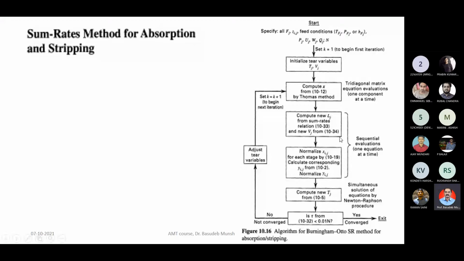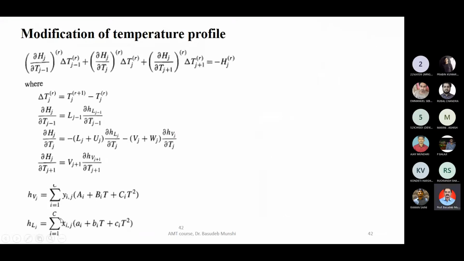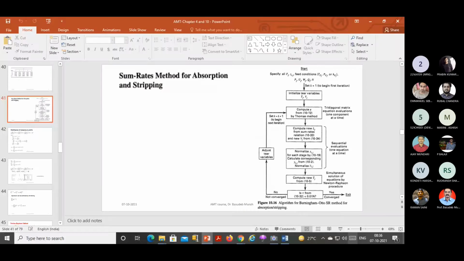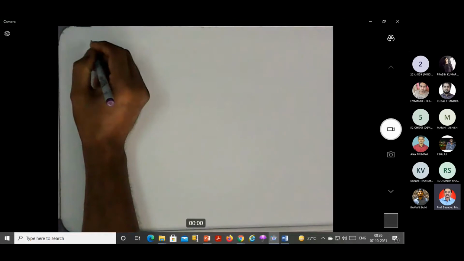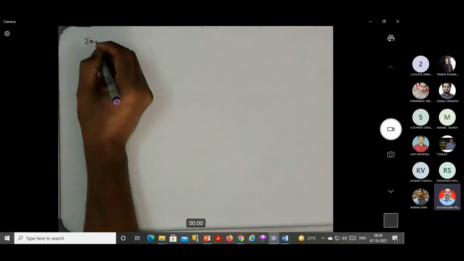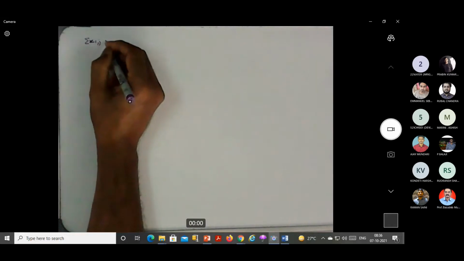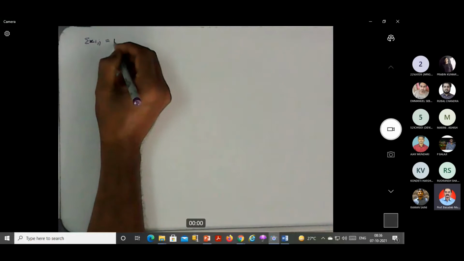Now, let me discuss how to calculate Lj. I told you that after calculating Xij from equation 10.12, we don't normalize it. But ideally, sigma Xij should be equal to 1.